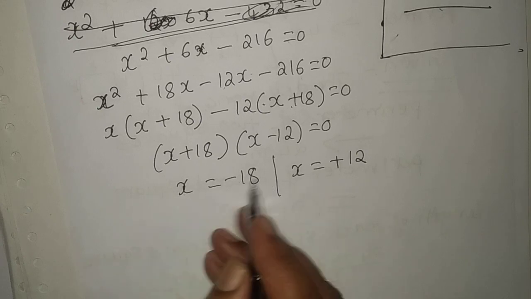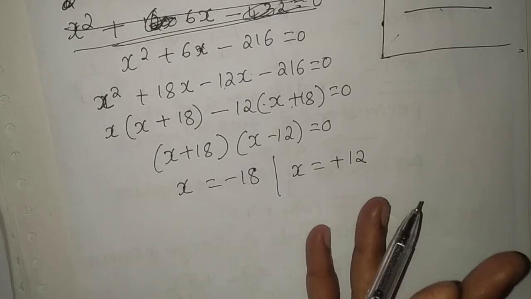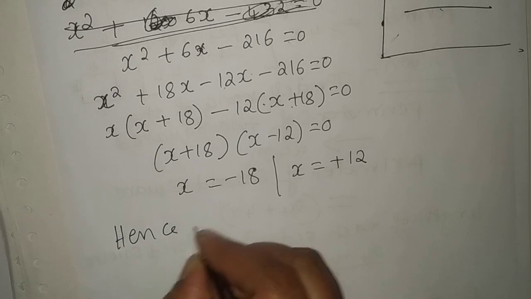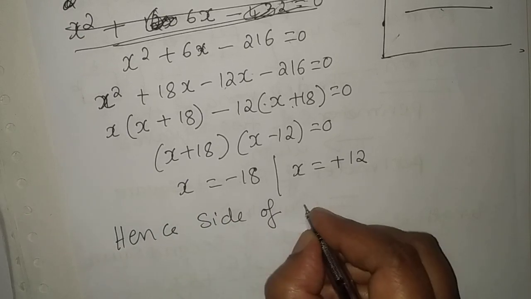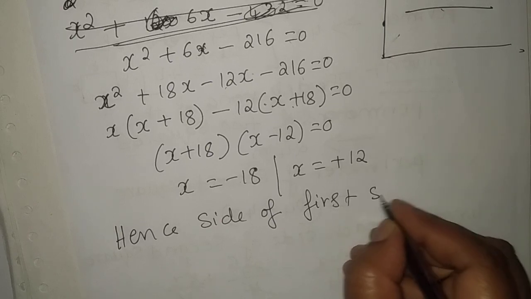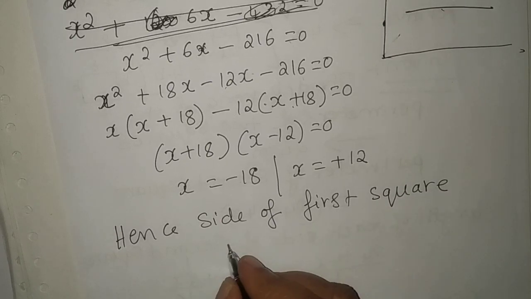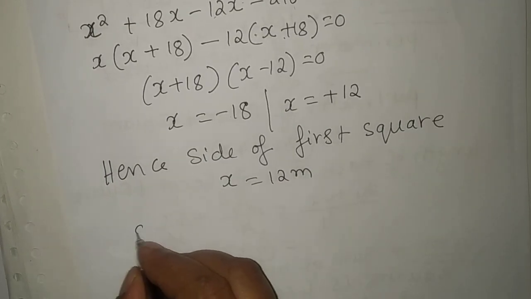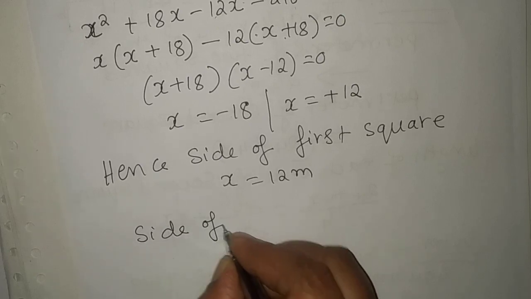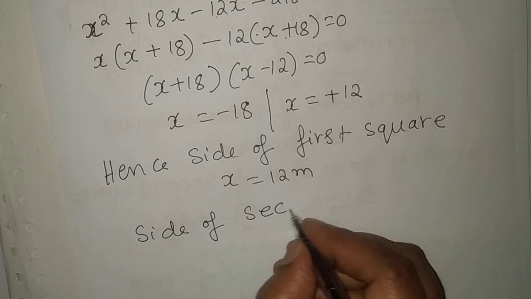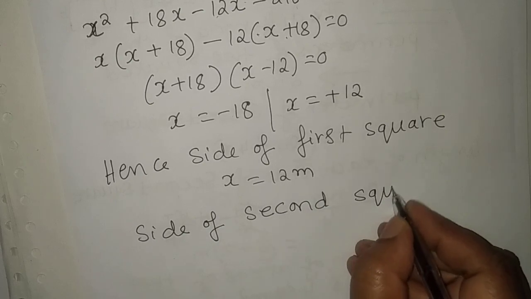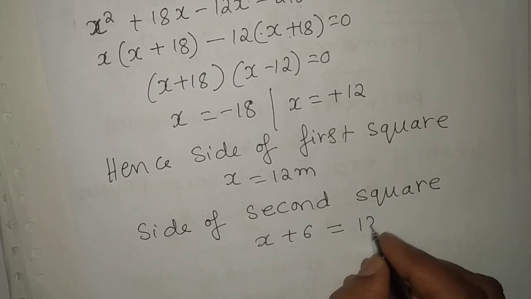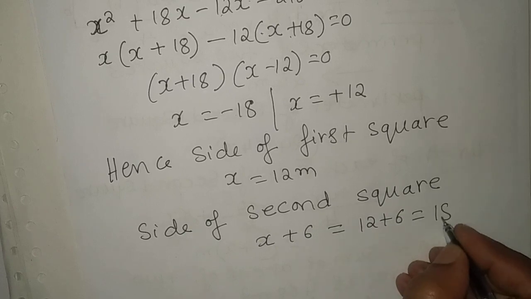Sides cannot be negative in squares, so hence finally the side of the first square, that is x, is equal to 12 meters. Next, the side of the second square is x plus 6, which is equal to 12 plus 6, which is equal to 18 meters.